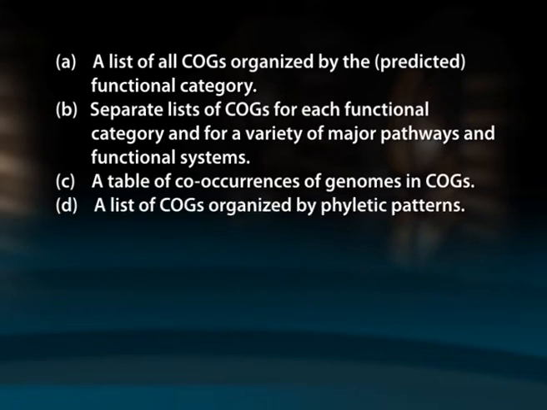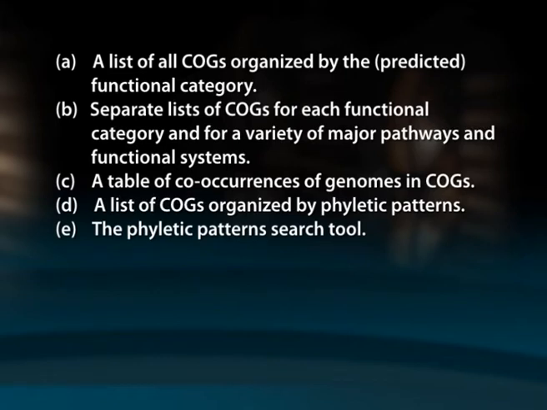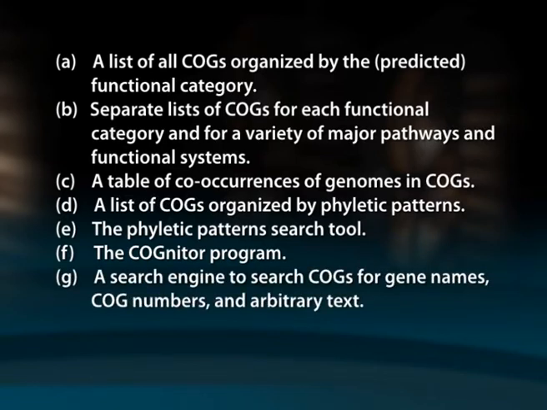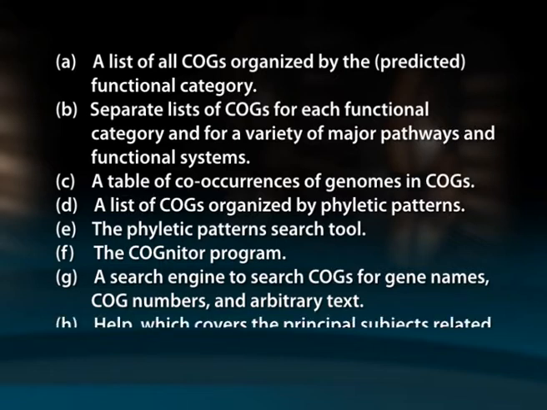D. A list of COGs organized by phyletic patterns. E. The phyletic patterns search tool. F. The COGinator program. G. A search engine to search COGs for gene names, COG numbers and arbitrary text. H. Help, which covers the principal subjects related to COGs.